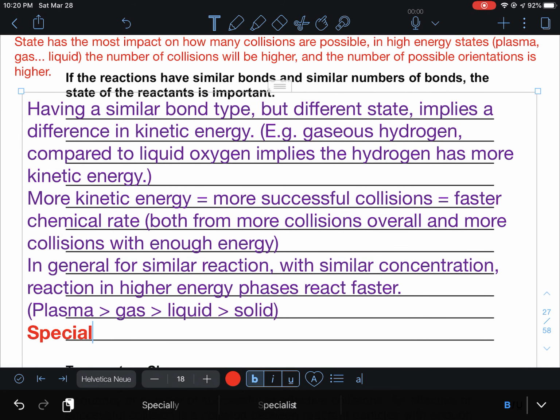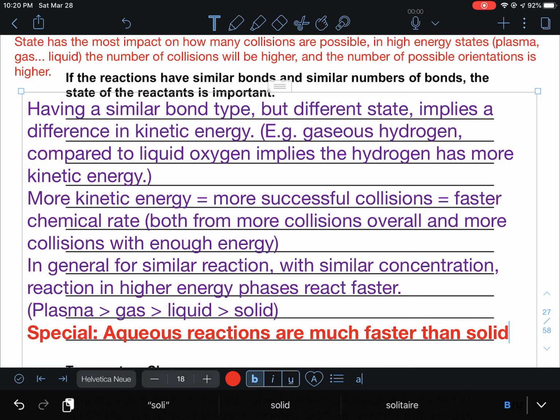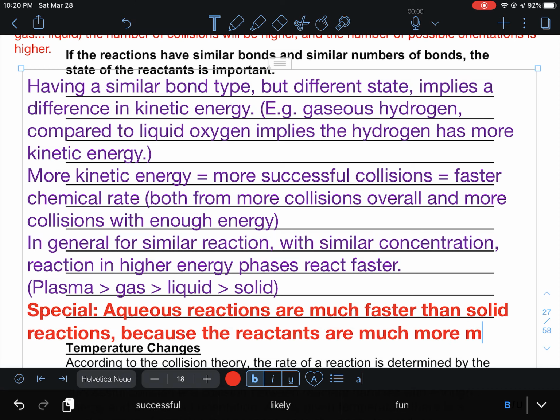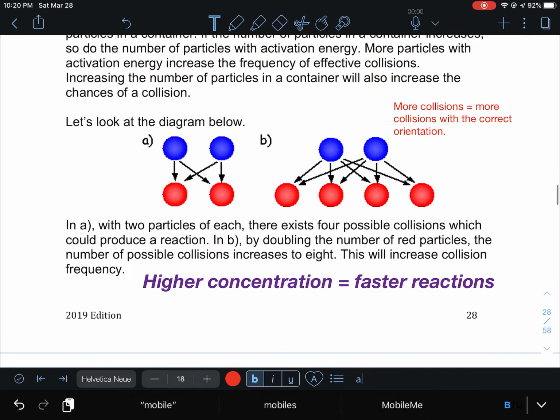Special: aqueous reactions are much faster than solid reactions because the reactants are much more mobile. I guess it's not that huge a reveal.